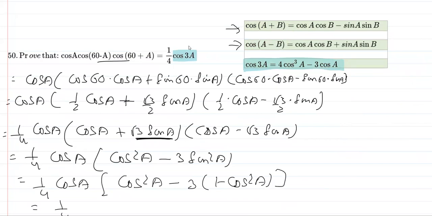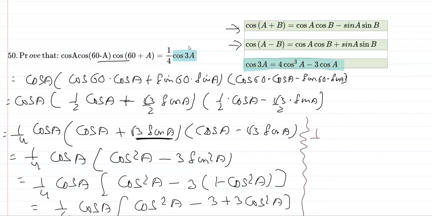In the next step, apply distributive property, open the bracket. What we are going to get is cos A into cos square A, okay, we can wait for this. We can do it in the next step, as it will be difficult to understand at this stage. Let this be as it is, and reduce the one which is inside the bracket. On opening the bracket, it is minus 3 into minus, minus minus plus, 3 cos square A. On the remaining part, I'm doing over here.